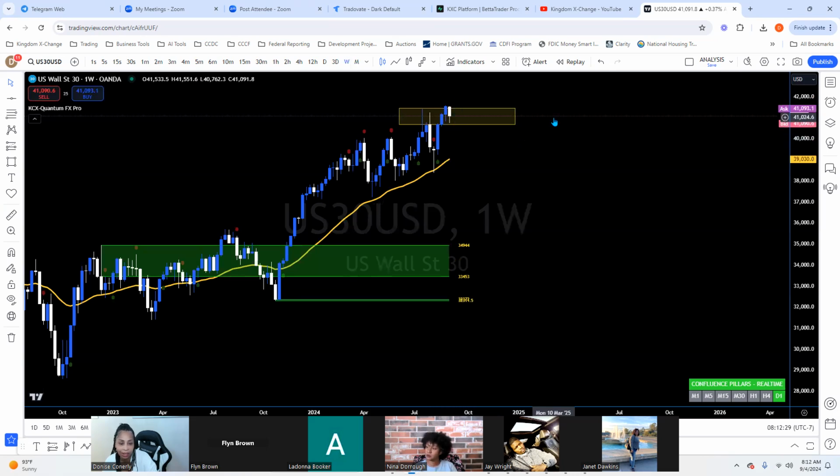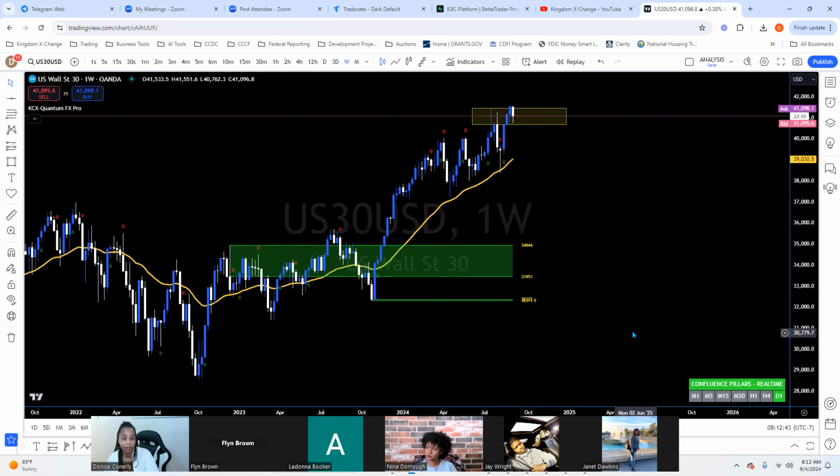And this is a weekly, so it's not something you're trading off of, unless you're a swing trader. I know that it needs to make a good decision above or below this, right? So I just put that there for reference purposes.